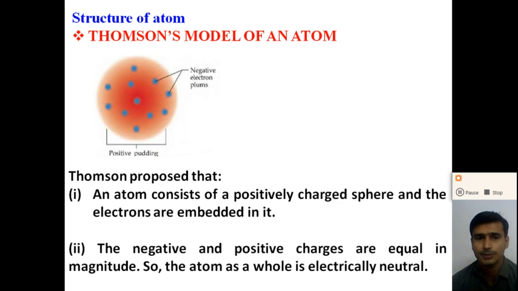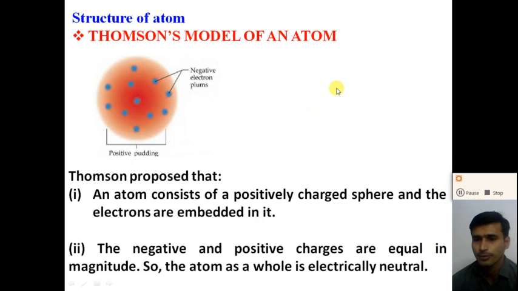J.J. Thomson proposed that, but there are some limitations of this model. According to static electricity, a continuous distribution of charge is not possible. So how the positive charge is uniformly spread over the sphere cannot be explained by J.J. Thomson's model, right?